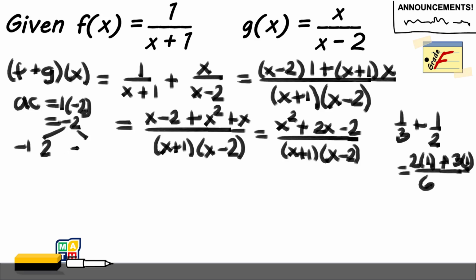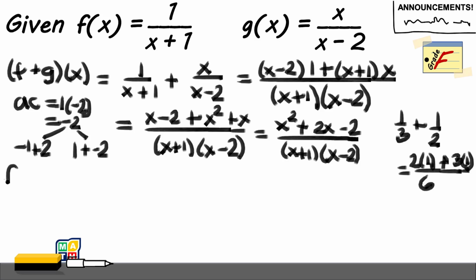You could also try positive 1 and negative 2. We only have 2 pairs of factors, but when we add both of these, none of the pairs will result in the middle coefficient of positive 2. This means that our quadratic trinomial numerator is as it is. We can no longer factor it. That's the result for our f plus g of x.